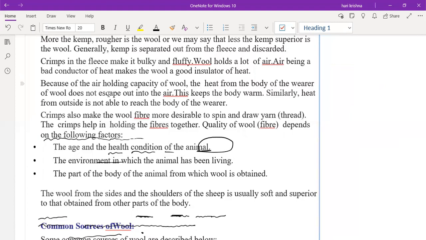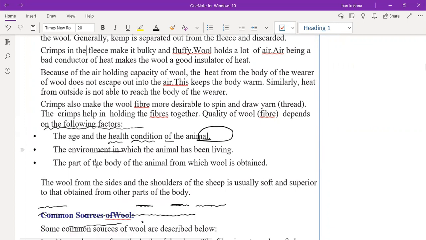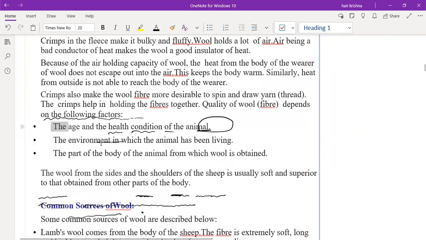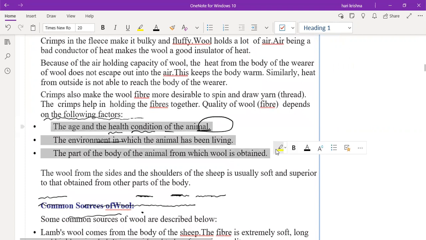The first one is the age and the health condition of the animal. Second, the environment in which the animal has been living. Third, the part of the body of the animal from which wool is obtained. So these are the three factors on which the quality of the wool depends.